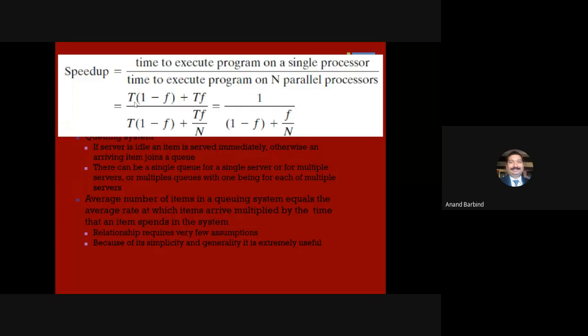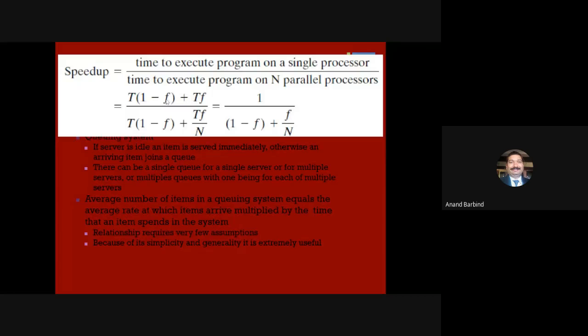You can put this in the form like this: T into 1 minus F plus T into F. What is F? F is the parallelism, the percentage of parallelism that you can introduce in your program.